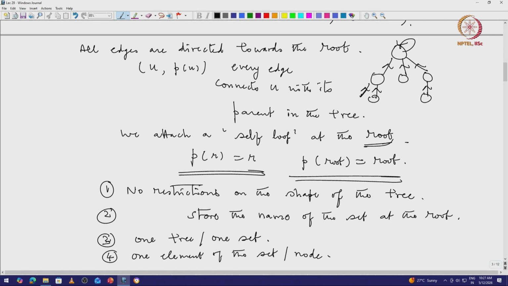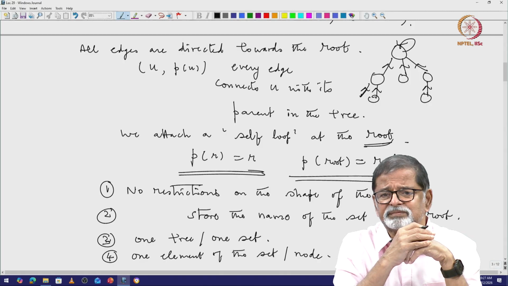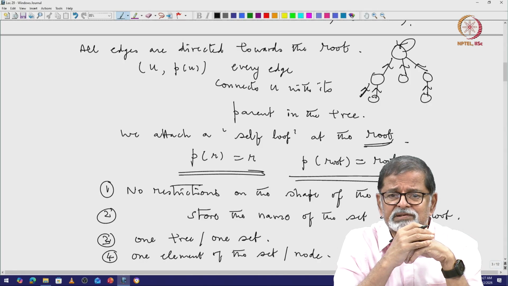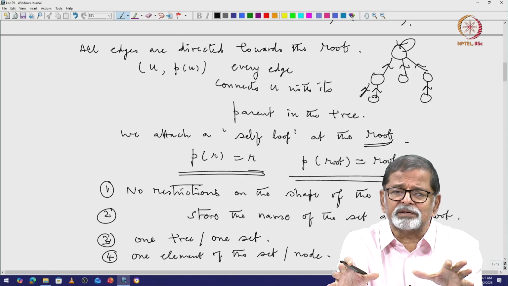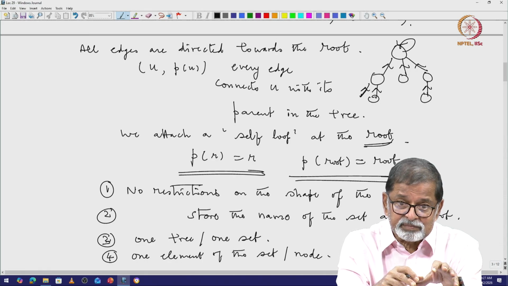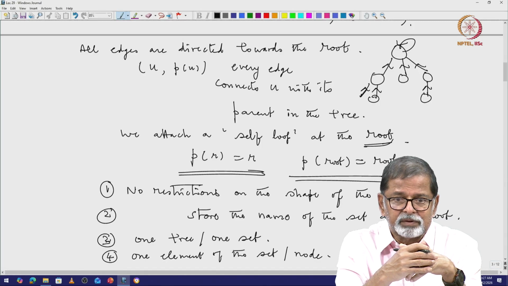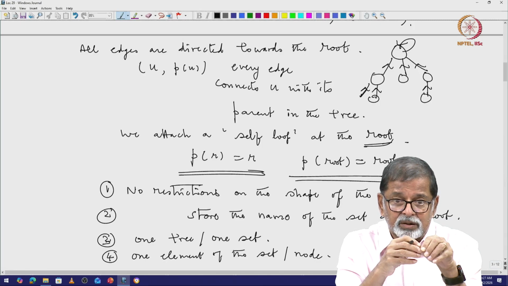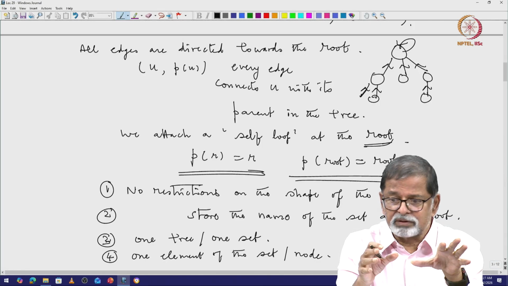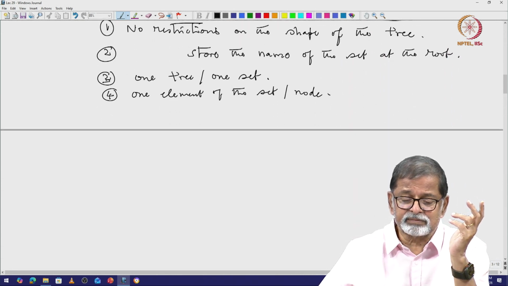That is the reason why if there is a k partition, there will be k trees. That is why it is called a forest. What is a forest? It is a collection of trees. So a k partition will be represented by a set of k trees. Each tree represents a particular set, and the name of the set will be at the root. So, here is an example.